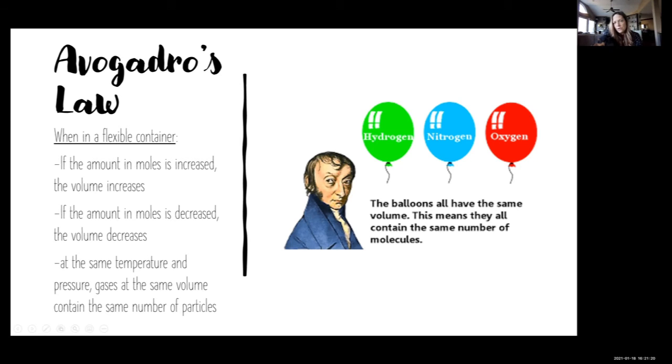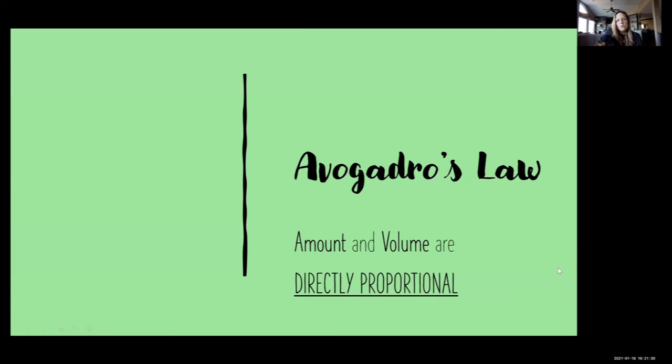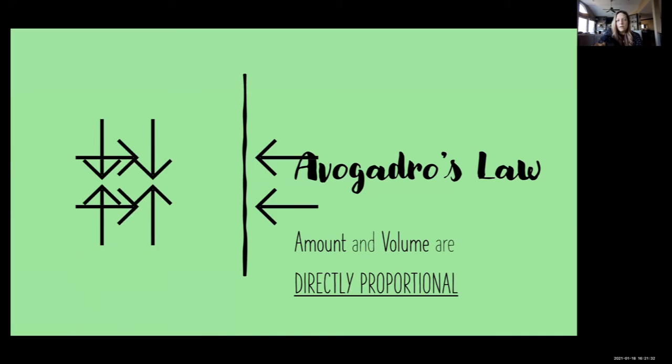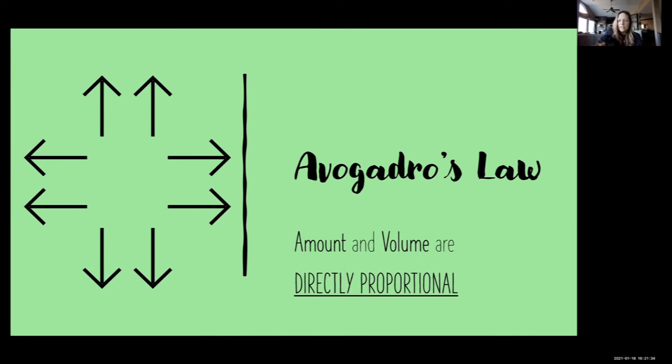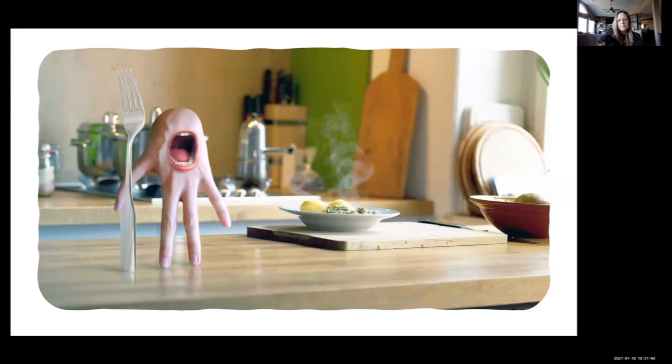And it says the balloons all have the same volume, and this means they contain the same number of molecules. So Avogadro's law, not Avogadro's number, says that amount and volume are directly proportional. And that's kind of logical, right? That makes sense.